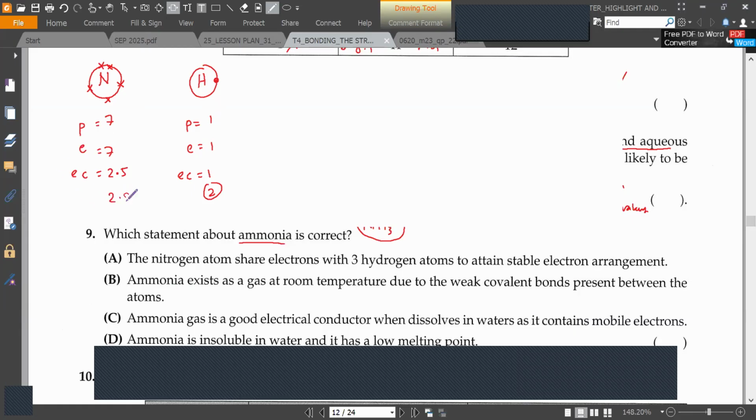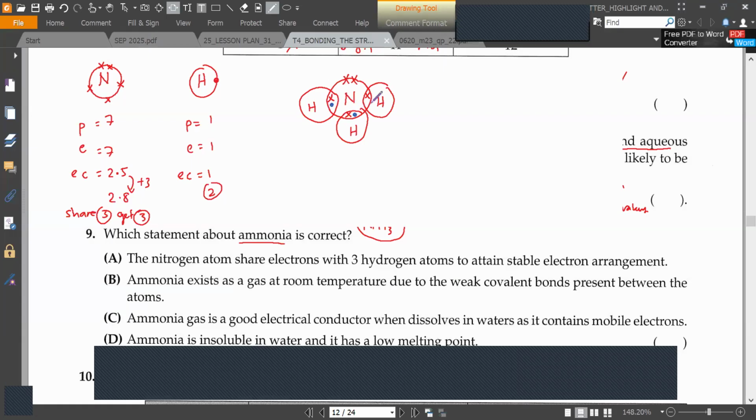For nitrogen we want 2,8, so it needs 3 more electrons. It needs to share 3 electrons, and in the process gets 3 electrons. So the most suitable arrangement will be like this: nitrogen and 3 hydrogen. Nitrogen starts with 1, 2, 3, 4, 5, and then hydrogen will be 1, 2, 3.